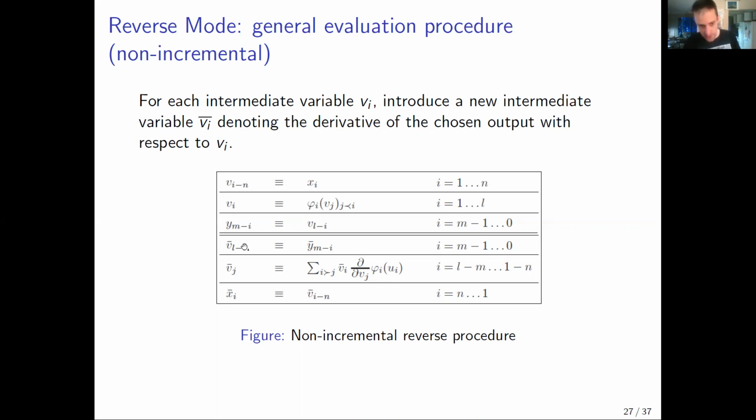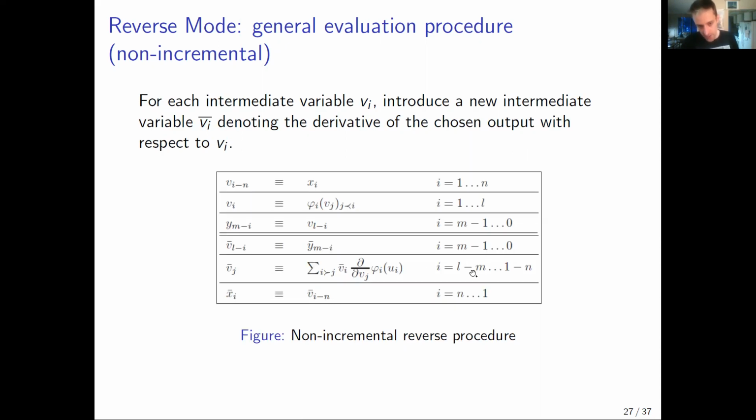And then we can just repeat this process going from the end of the original evaluation procedure to the beginning. And then once we've gotten to the beginning, we can just assign the xi bars, which are the derivatives of the chosen output with respect to our independent variables. Okay, so we step backwards, computing all the vi bars, and we end up with the xi bars.